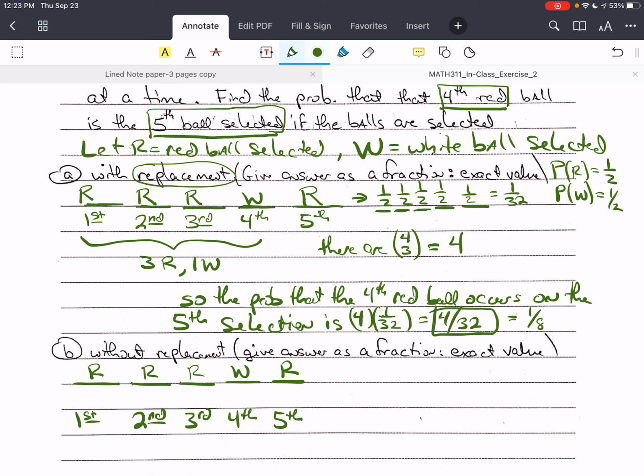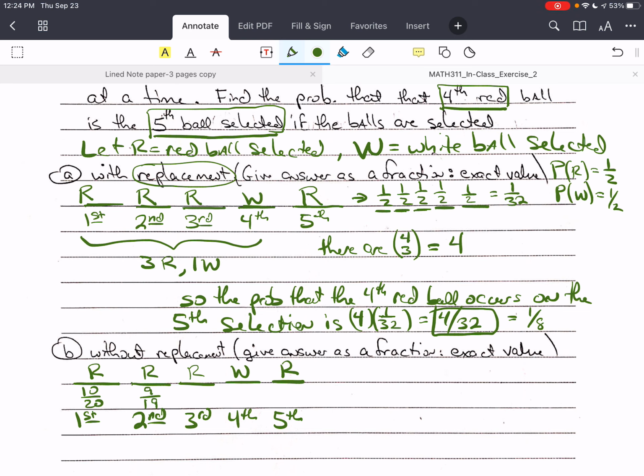And so the probability of getting a red ball on the first draw is 10 out of 20. You'll notice that I use the full numbers when we have without replacement. The reason for that is I have now drawn one red ball, and I have not replaced it. So I now have 9 red balls left, and I only have 19 total balls.